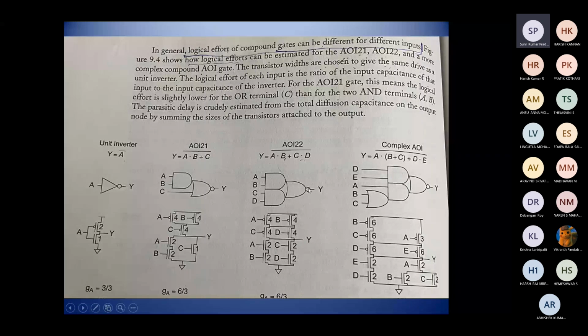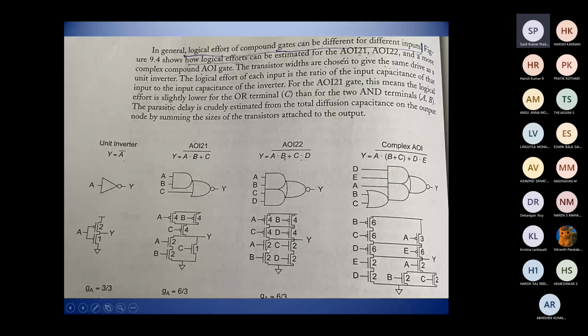So finally, we get this equation. And how to represent it in the CMOS diagram? This is the way we can represent it. So if you can see here, A and B PMOS are connected in parallel, and then C and D are also connected in parallel. And then here A and C are connected.